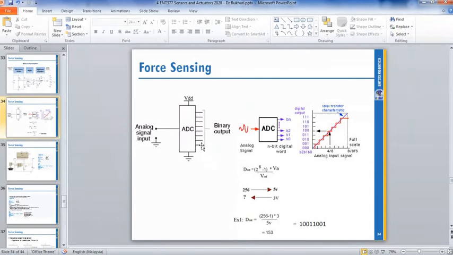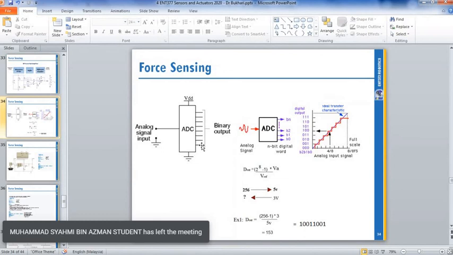So this is how we develop a complete circuit from sensor to microcontroller.